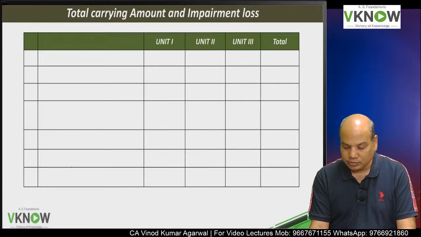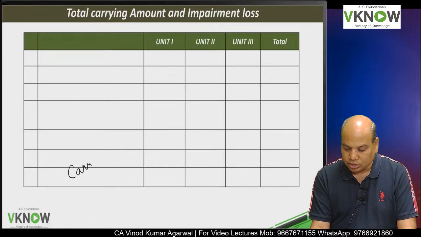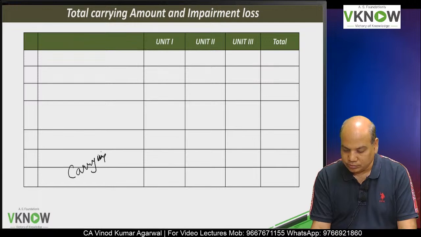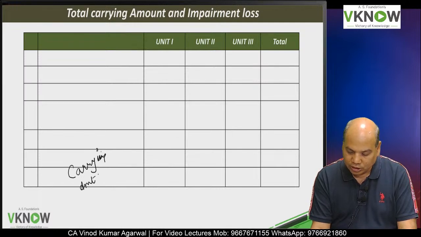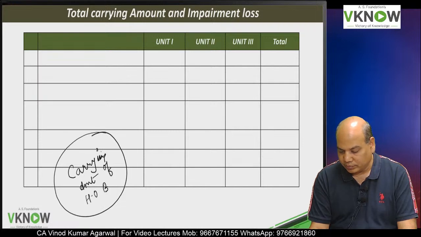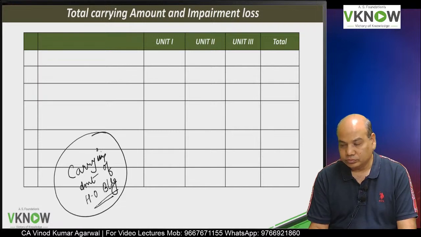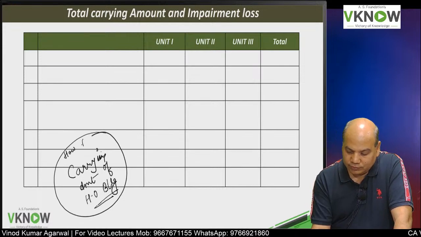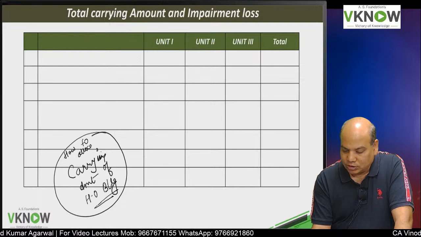The question is how to allocate carrying amount. How to allocate carrying amount of HO building? Can you answer?